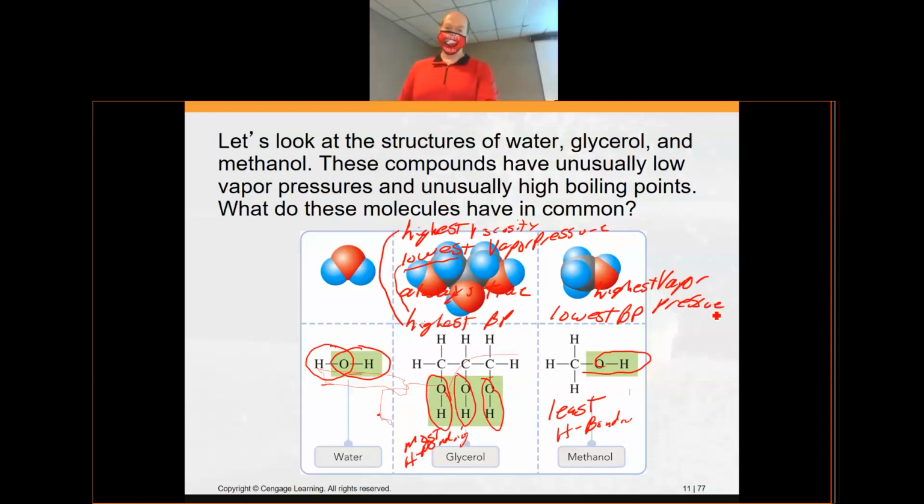All right, so lowest boiling point, highest vapor pressure always goes together. Highest boiling point, lowest vapor pressure, that always goes together. Viscosity is about how it flows out of a bottle. Normally that lines up with the highest boiling point, but not always.